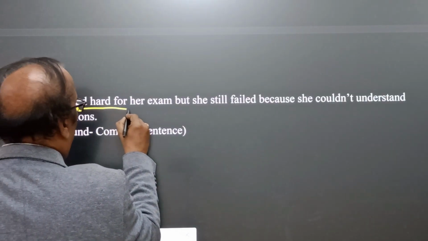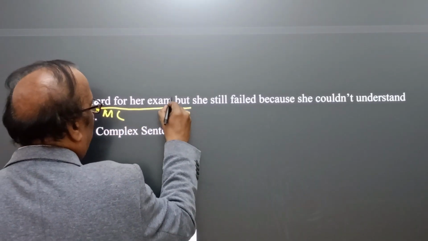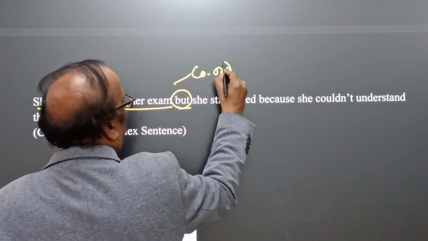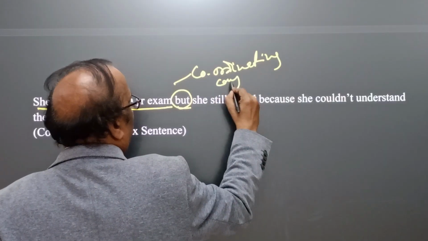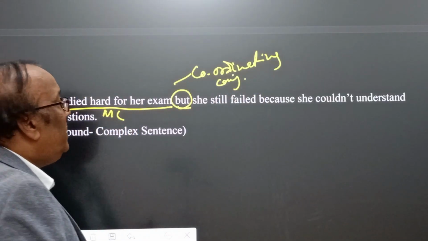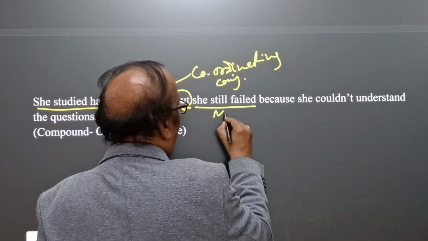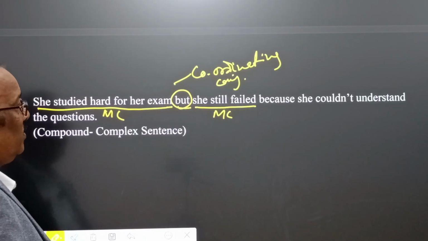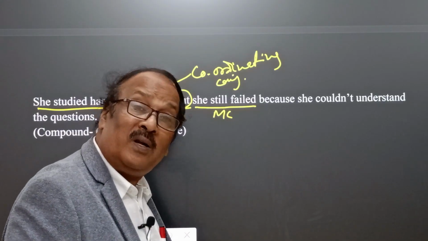"She studied hard for her exam" is a main clause, and "but" is a coordinating conjunction, and "she still failed" is another main clause. Both main clauses are combined with the help of "but."